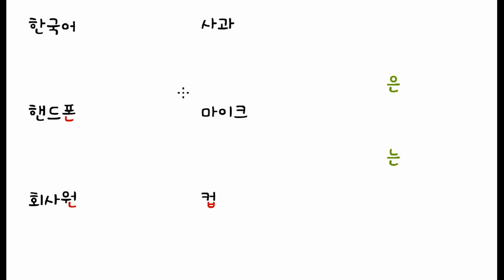So for example, I start with the first word, 한국어. This is Korean, right? So if you are talking about 한국어, then you have to add one of these. So which one would that be?